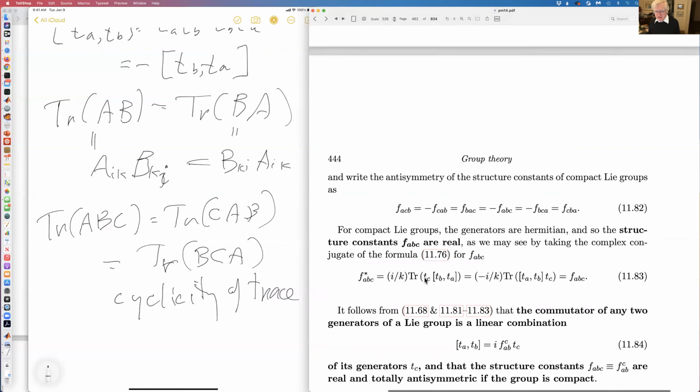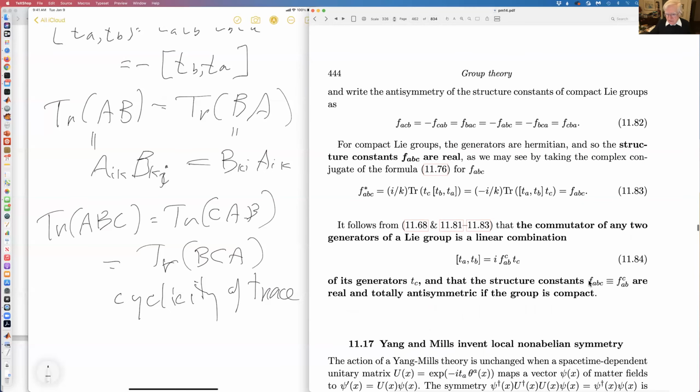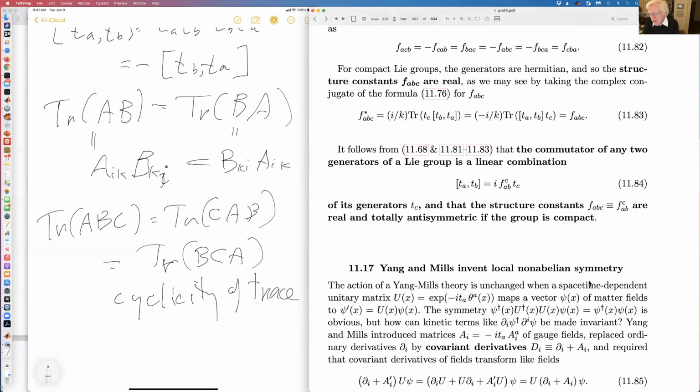In other words, TC, TB, TA, but all with adjoints, but they're all Hermitian, so the adjoint goes away. And then you can move TC to the end without any problem, but if you interchange B with A, you get a minus sign, but this is the formula for F_ABC. And so indeed, the structure constants are real.